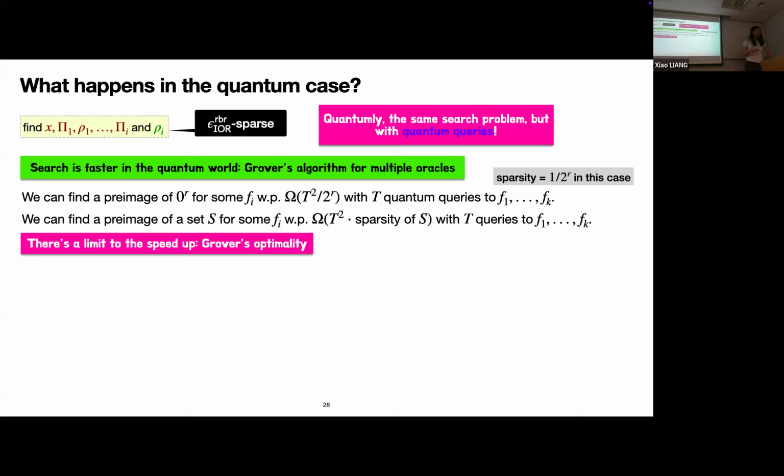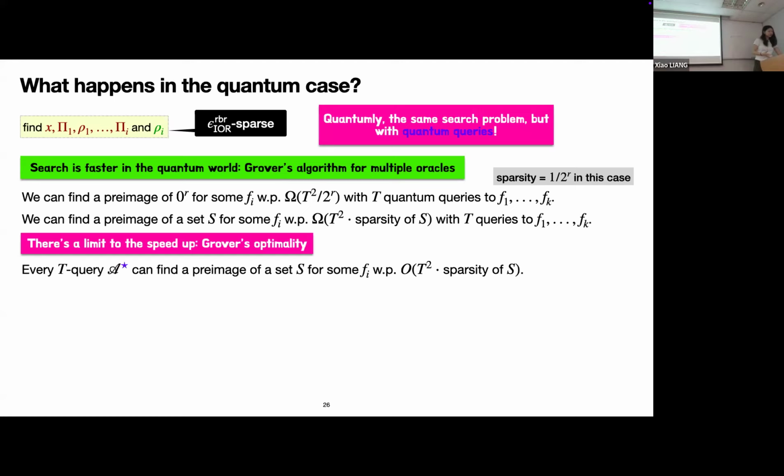But there's also a limit to this speedup. Grover's optimality tells us that you can't expect to do better than quadratic speedup. So it's basically saying that Grover's algorithm is the best that an adversary can do, which tells us that our bound is somewhat tight, and we can use this as an intuition.